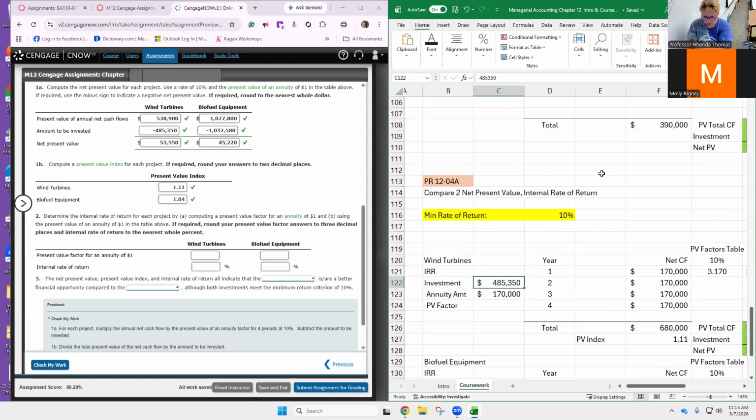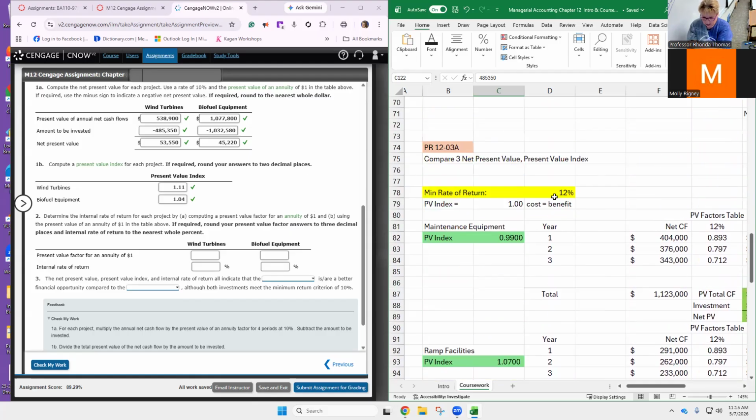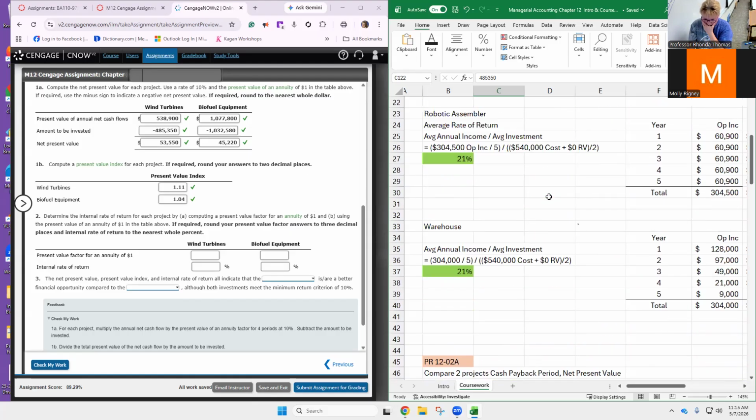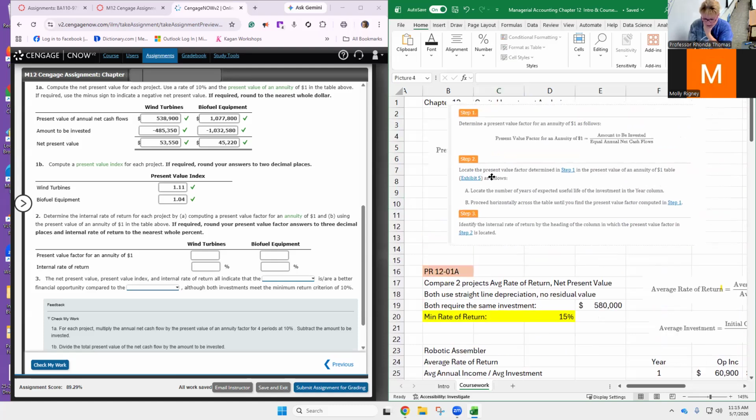Here we go. I just want to show you real quick. Here it is. This is the procedure for finding the internal rate of return. You have to use this process. The first thing you find is a factor.